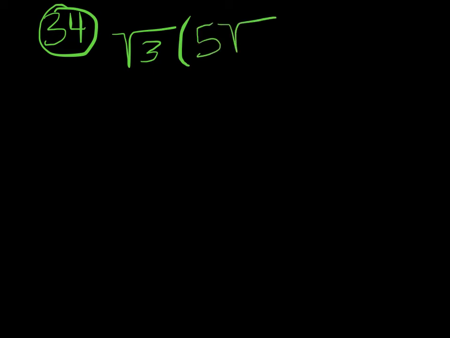Okay, this is the last example, number 34. So we've got the square root of 3 times 5 times the square root of 2 plus the square root of 3. Well, this time in order to get rid of that parentheses, I'm going to have to use the distributive property.